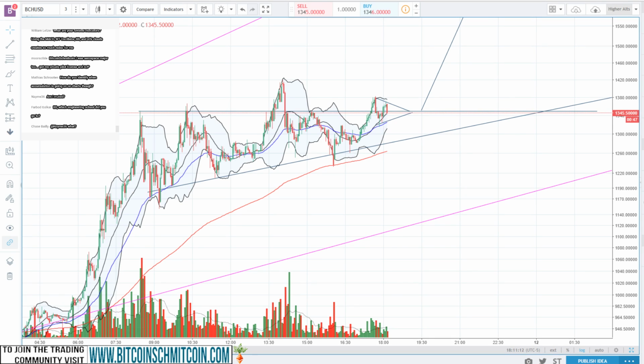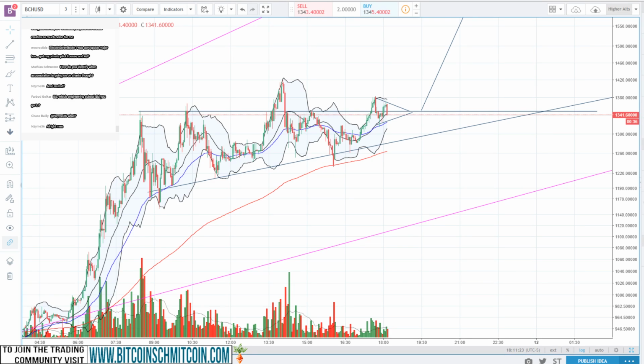Bitcoin Schmitcoin, which engineering school did you go to? I'll just tell you this. It was one of the top 5 in the country for aerospace engineering. Top 5 in the United States. I think it's even in the world. I don't know.